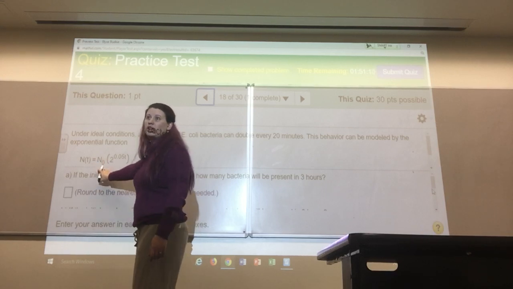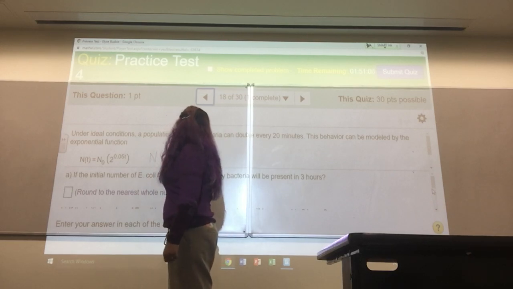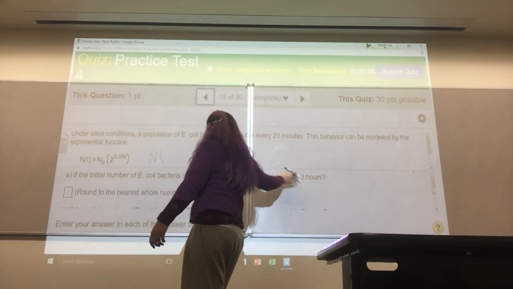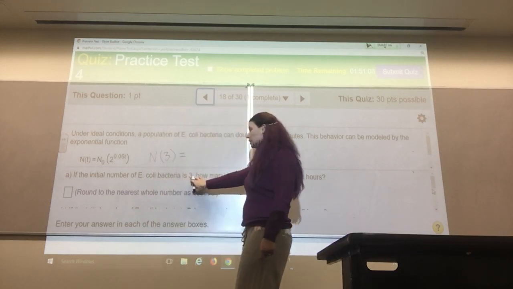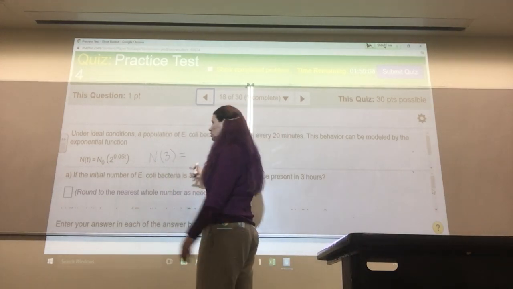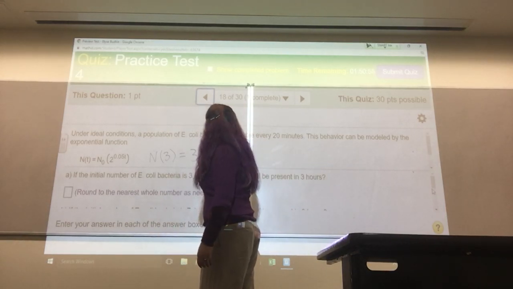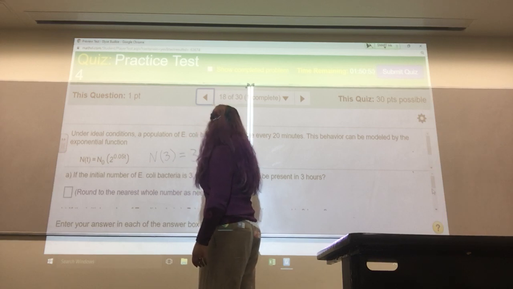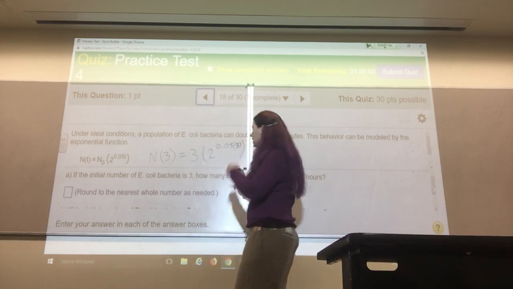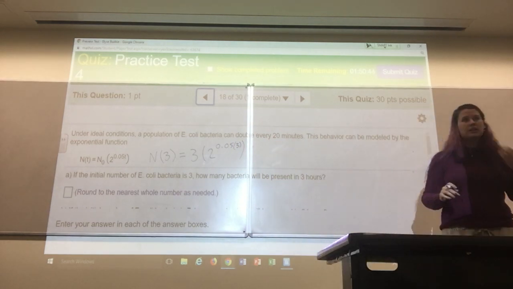The starting unit. So we have N of, well, we're going to plug in 3 hours for t, so N of 3 is equal to 3 for the number of initial, it's just coincidentally the same number, not always. Then 2 to the 0.05 times 3 for t, and then we plug that into the calculator.